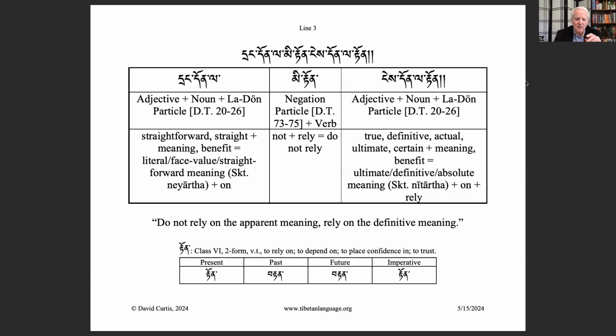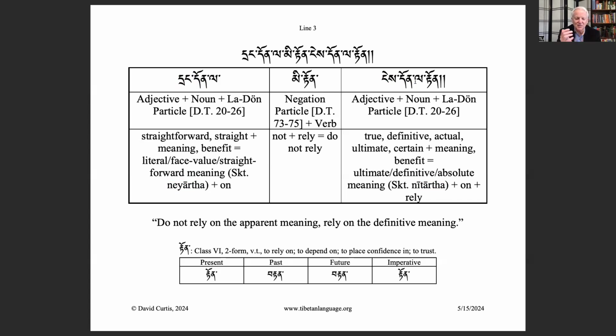Some people know these Sanskrit words: the Drongdan in Sanskrit, down at the bottom of box 1, is Neyartha. And the Nadan in Tibetan, the definitive meaning, is Nitartha. So 2 different Sanskrit words, but in Tibetan they're Drongdan and Nadan. Okay, so don't rely on the Drongdan, rely on the Nadan.